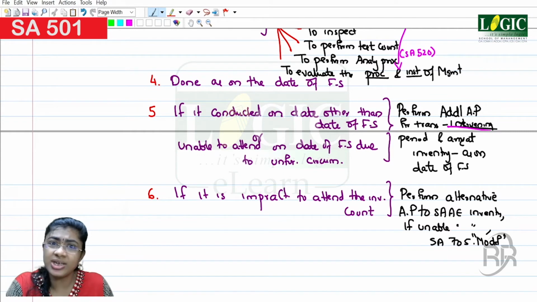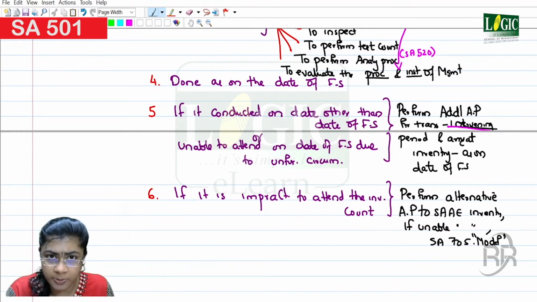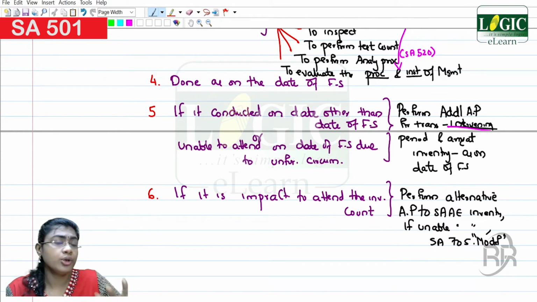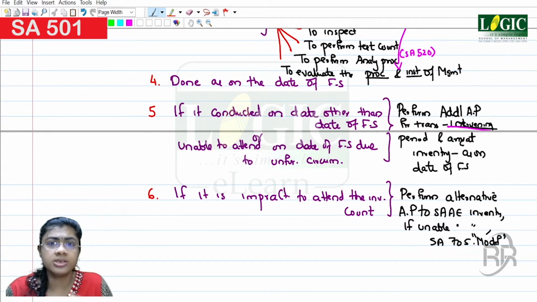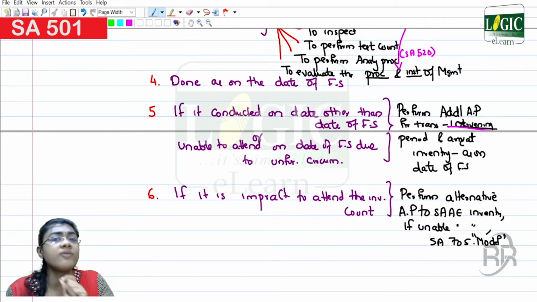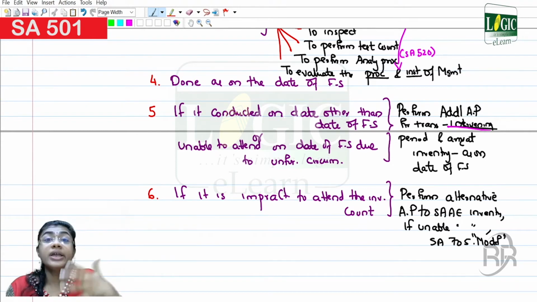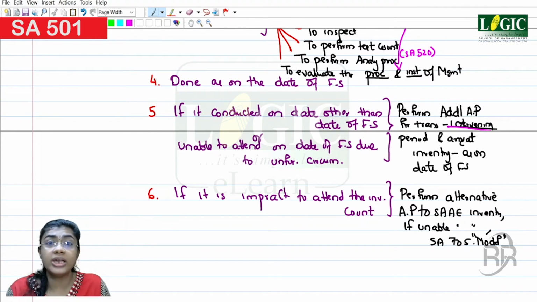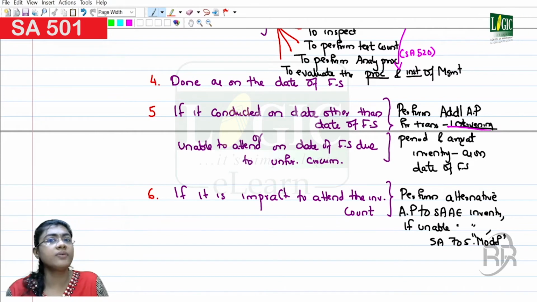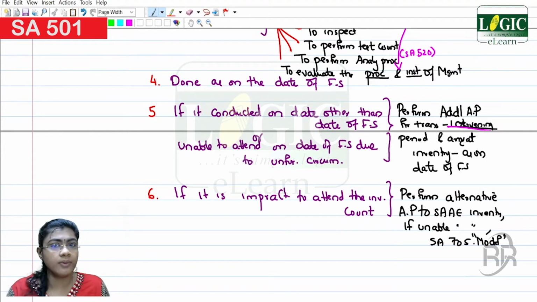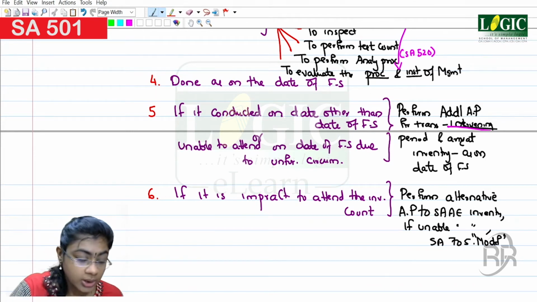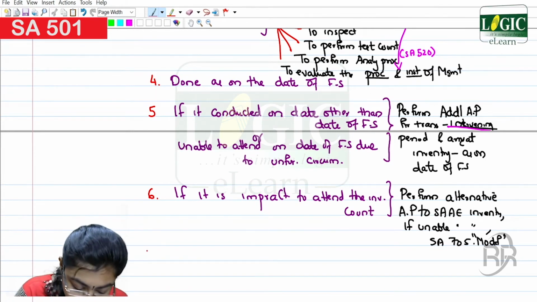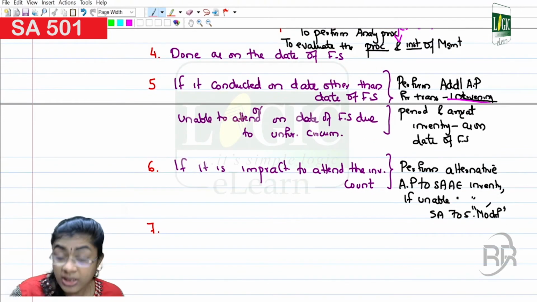So in such cases where it is impracticable, what do you do? You do some alternative audit procedure. In this particular case, you will obtain the valuer certificate. If you are unable to obtain the valuer certificate, you can't give a clean opinion. You will give a modified opinion.